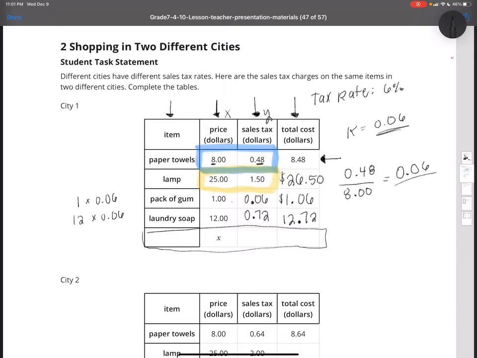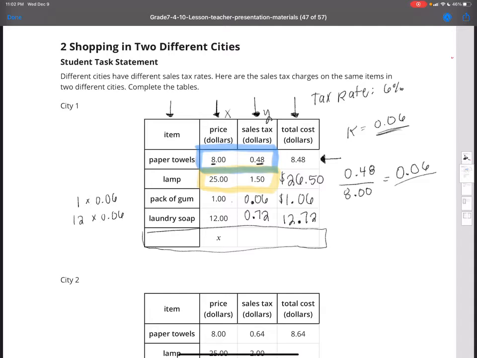Now, in the last row, I see an x, which is a variable. Variables mean that it could represent any quantity or any item. If you walk up there with a basketball, a t-shirt, a fork, a spoon, whatever, the tax rate is going to stay the same.